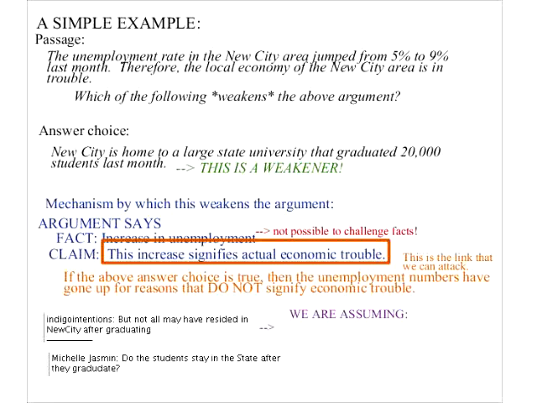The first thing is that we are assuming that at least a sizable number of, like some significant number of the graduates stayed in the local area. In other words, they didn't all leave. They didn't all leave in overwhelming numbers.